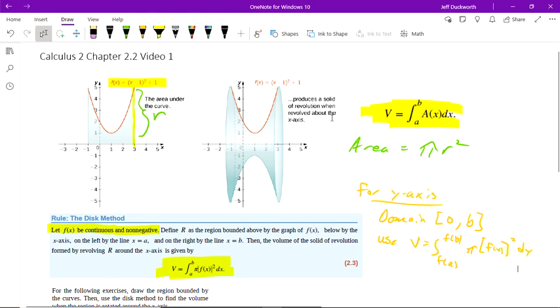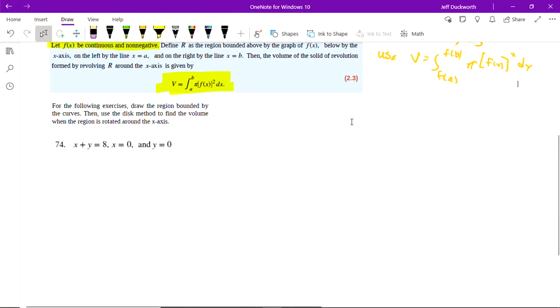All right, at any rate, let's put this into practice for a problem here. So first we need to graph this. Let's graph this region, and then we'll see what we can do with it. So they give us 3 bounds. x plus y equals 8. Well, 1, 2, 3, 4, 5, 6, 7, 8.